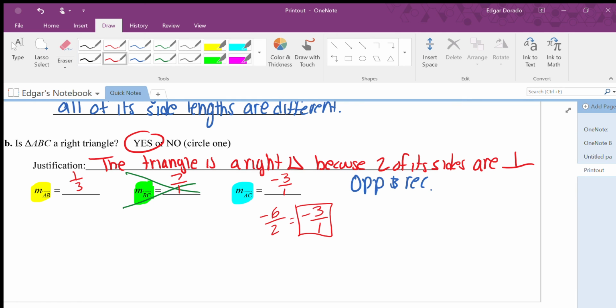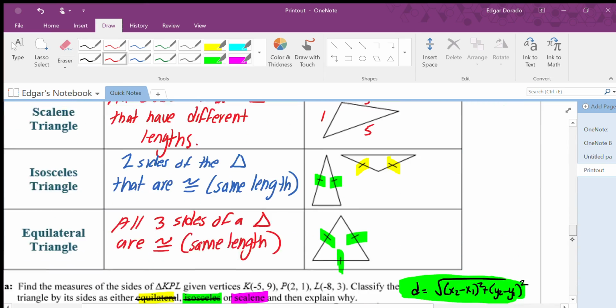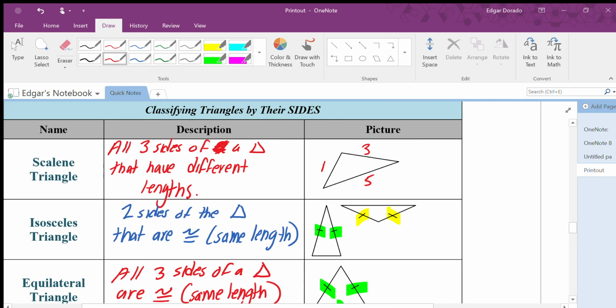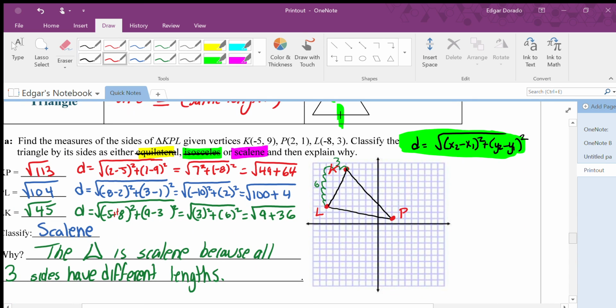All right. So, again, let's just recap a little bit here. Scalene triangles, all three sides are different. Isosceles triangles, two sides are the same, the other one is different. And equilateral triangles means that they all have the exact same length. They're all congruent. What did we do to do that? Well, we went ahead and sketched a triangle onto our coordinate plane, and we had to find the distance between each set of points.